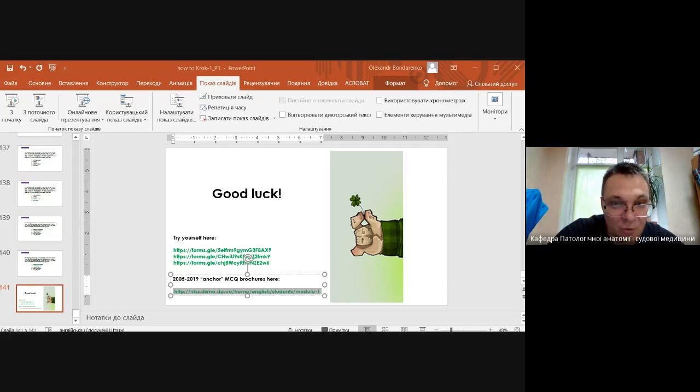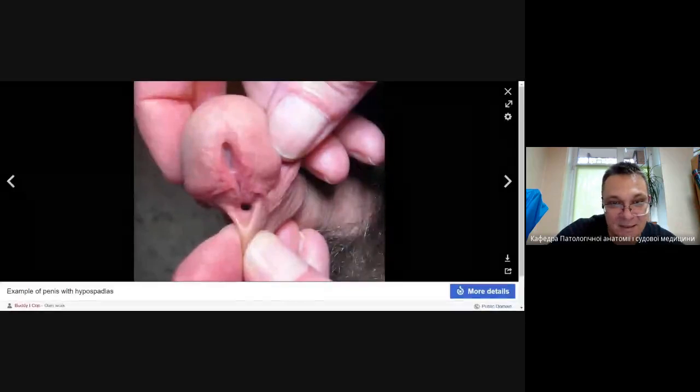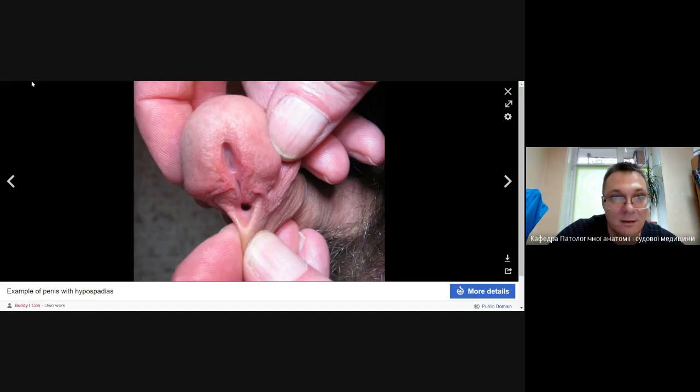I just want to show you this image. Sorry, ladies. So this is the hypospadiasis, and epispadiasis, how it looks.